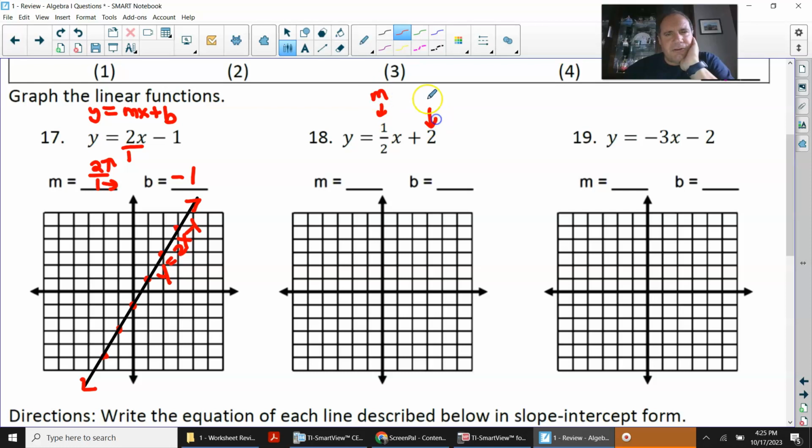This right here is your b. 1/2 is the slope, and y-intercept is 2. So the y-intercept, you start at 2, and then you rise 1, and you run 2. Rise 1, run 2. Down 1, left 2. You have to keep that pattern. Down 1 and left 2.